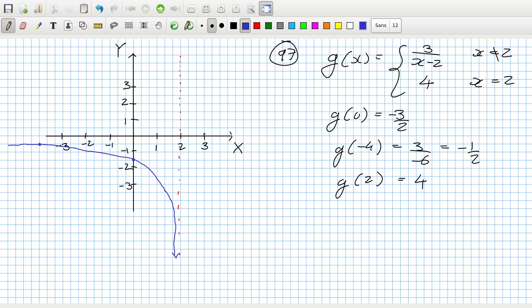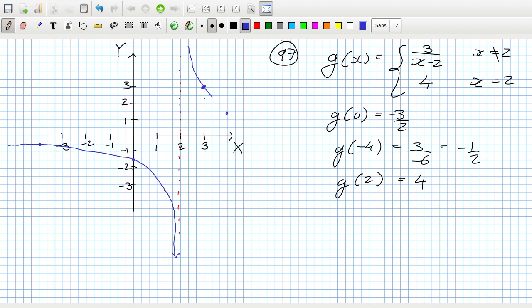So for example, at 3, we just get 3. And then at 4, we get 3 over 1.5. So that'd be like here. So then it comes down the other side.